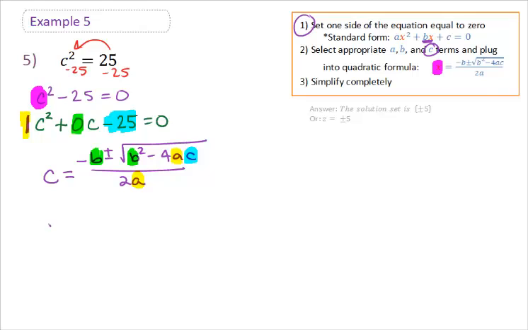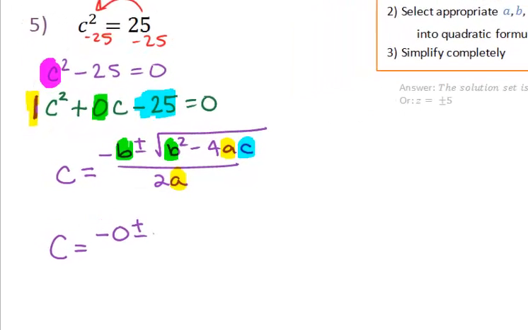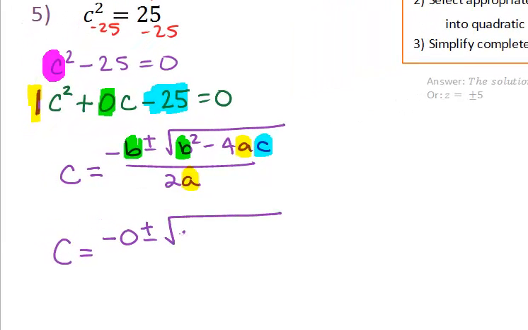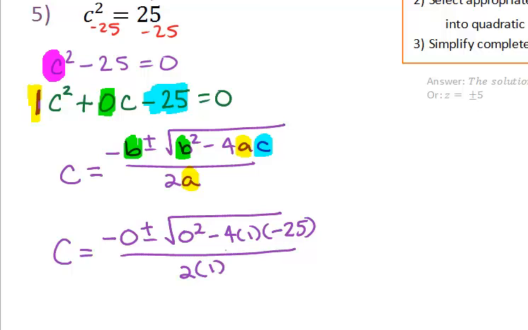So we have c is equal to negative, now my b value is 0, plus or minus square root, again my b value is 0 squared, minus 4 times my a value, which is 1, times my c value, which is negative 25, all over 2 times my a value, which is 1.